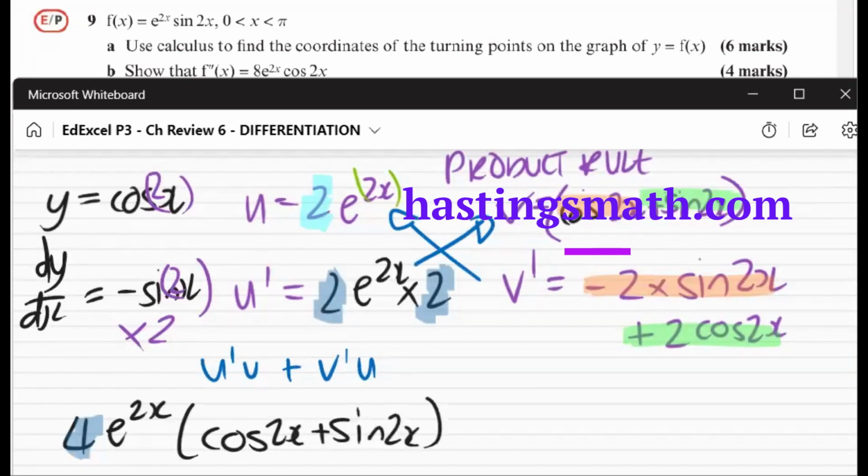And v dash u going the other way. So we got 2 sine 2x plus 2 cos 2x times 2. There was a negative in there somewhere. 2 e to the power of 2x.